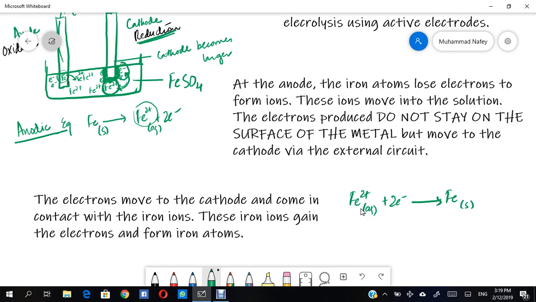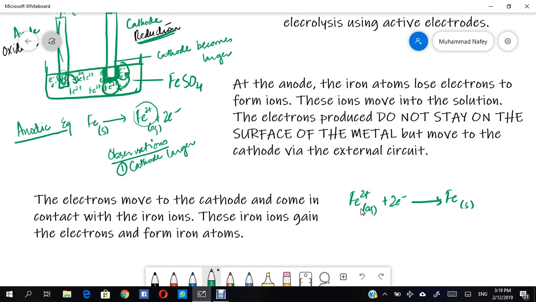More and more of the anode will be dissolving as the atoms at the anode become ions and move into the solution. Therefore, the anode diminishes. So the observations of this reaction would be: observation number 1, cathode larger.